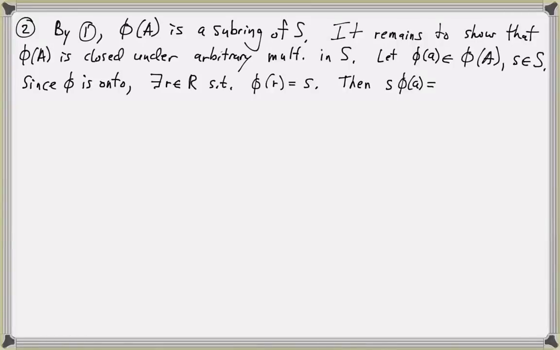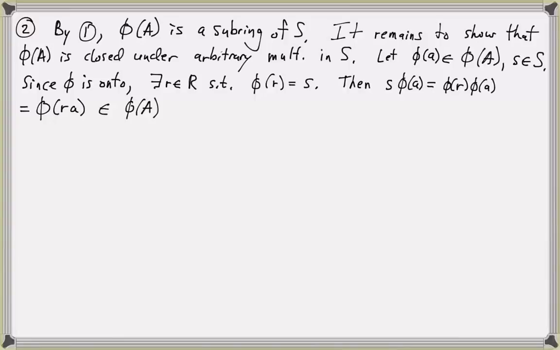So S can be written as phi of R, and phi of R times phi of a will equal phi of R times a, but this has to be an element of phi of A because R times a is in A since A is an ideal of R.